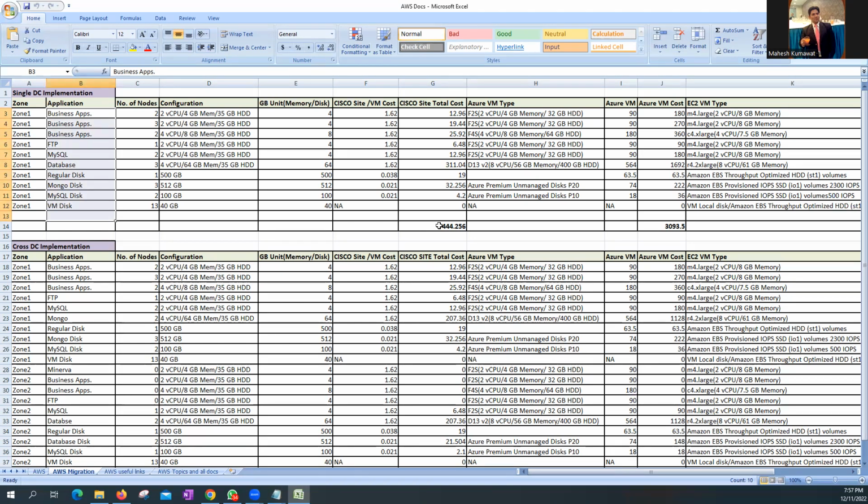We have only one data center, these are the CPUs we are using, this is the memory, the VM cost will be there, and the total site cost will be there. So I'm going to calculate the on-premises costing.